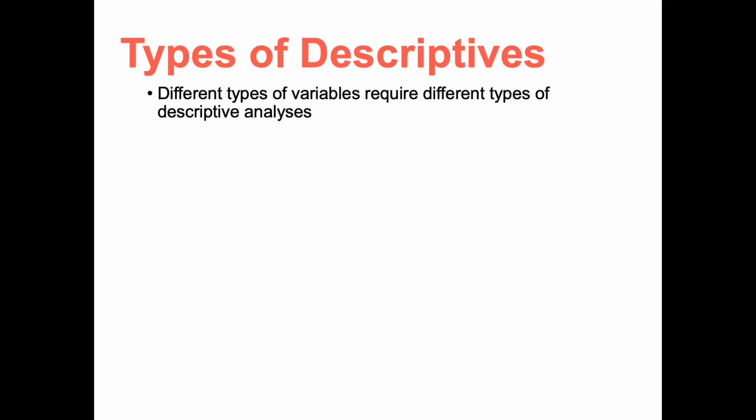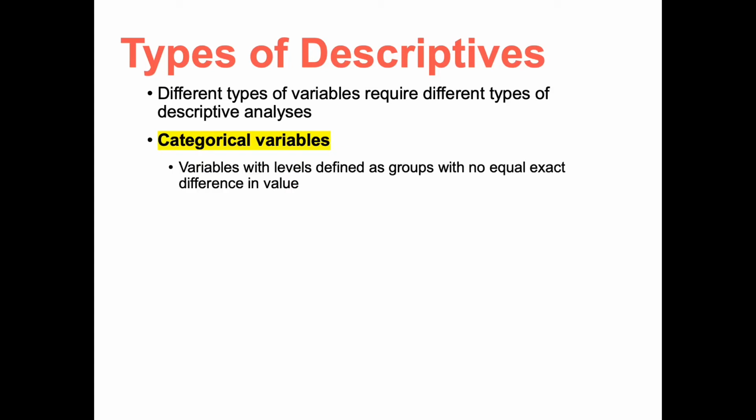There are different types of descriptives that require different types of descriptive analysis. For categorical variables, these are variables with different levels that define groups with no equal exact difference in value. There are different kinds of categorical variables. The first kind is the nominal. Nominal categorical variables are just categories.